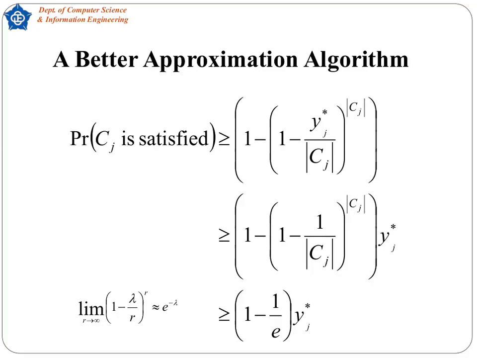Altogether, this gives Pr[C is satisfied] is greater than or equal to (1 - 1/e)y*. In other words, every constraint is satisfied with at least a 1 - 1/e fraction of its fractional LP weight, exactly what we need for our overall 1 - 1/e approximation guarantee.